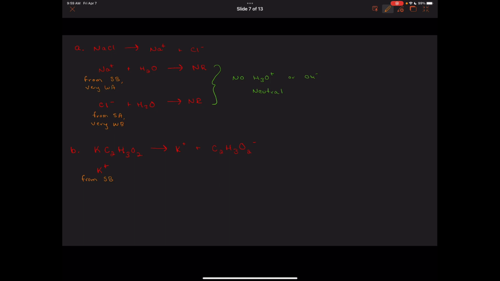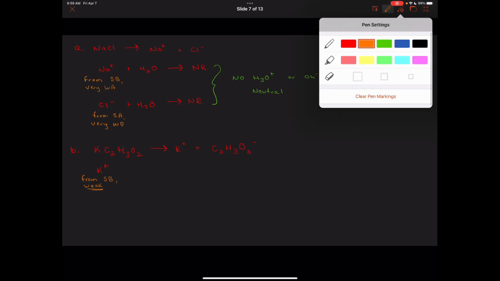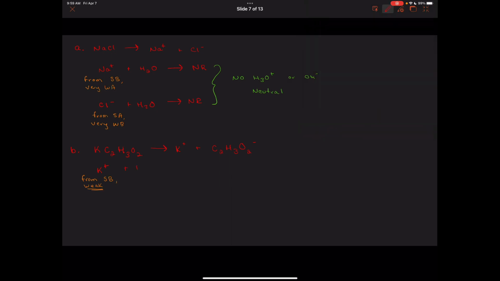So that potassium cation itself is the conjugate acid of potassium hydroxide. It is a weak acid. It's too weak to interact with water, and therefore the potassium is going to generate no reaction.